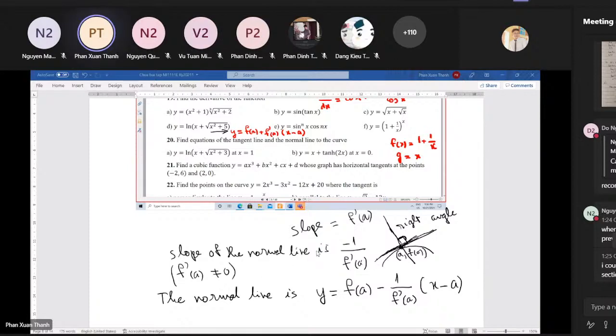I have just written for you the two equations of the tangent line and the normal line. Does anyone have any question? Okay, we can do exercises number 20, 21, 22 and 23, which relate to the tangent line and the normal line. So let's do those exercises by yourselves.